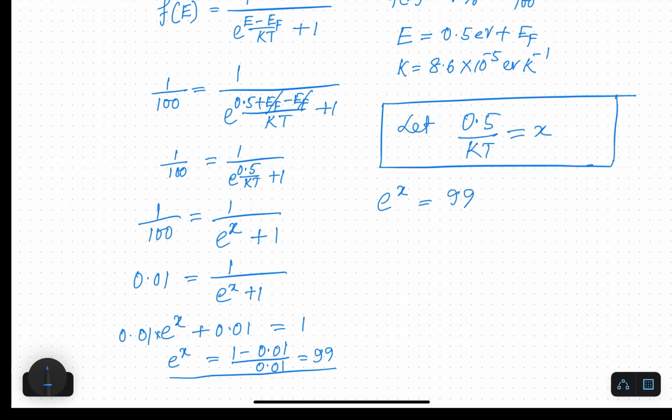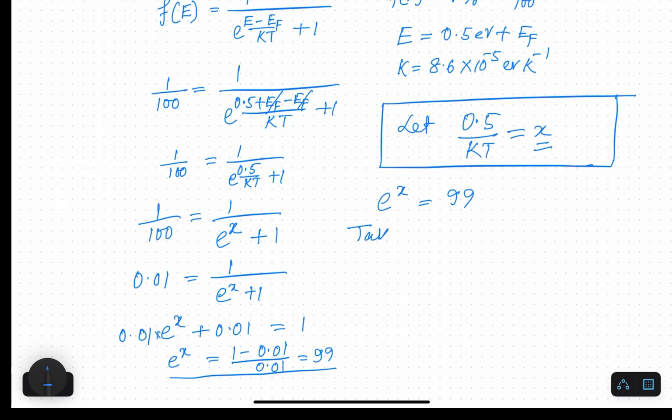I'll take log, because I want the value of x, and then I substitute x to get the temperature.